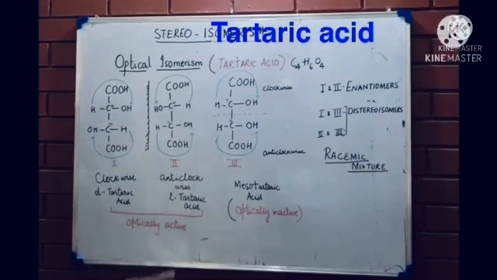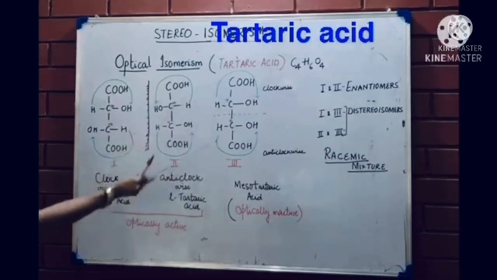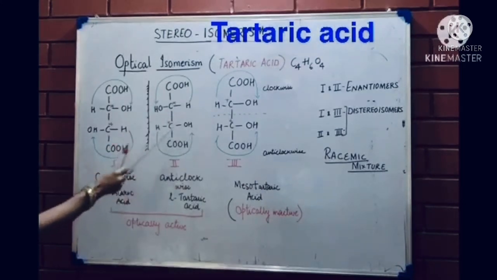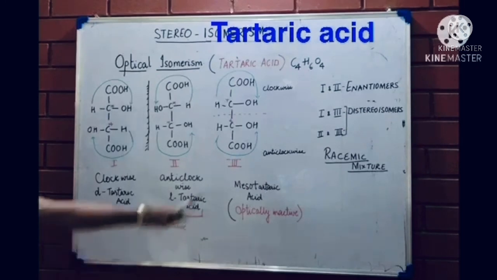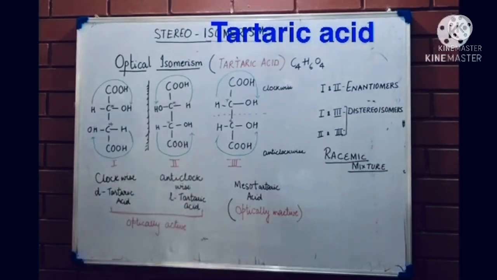They are stereoisomers, but they are not related to each other. Same is with this and this. Both of them are not mirror images of each other. They are not superimposable on each other. So they are called diastereoisomers.